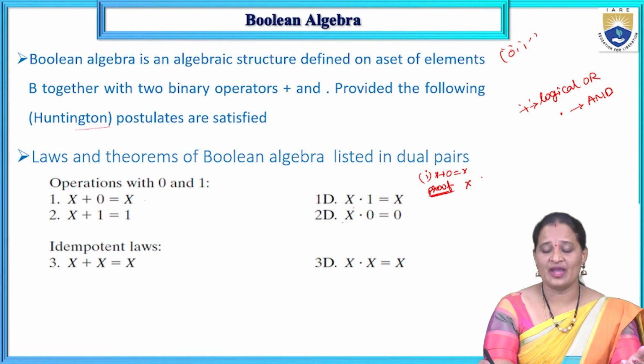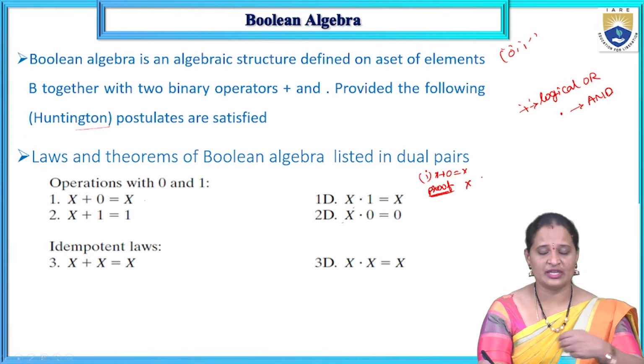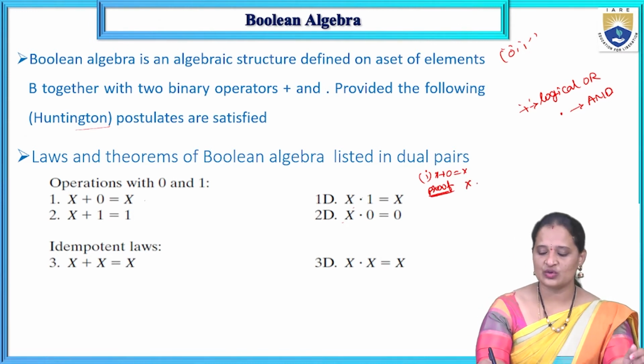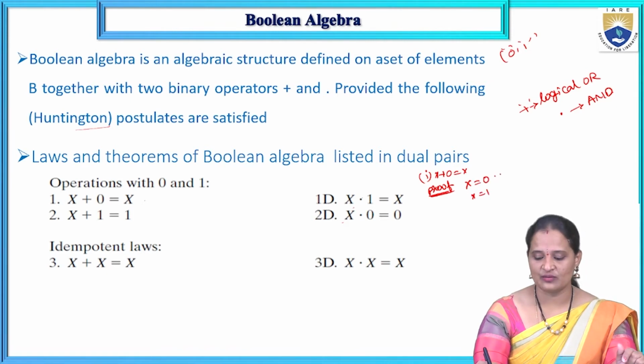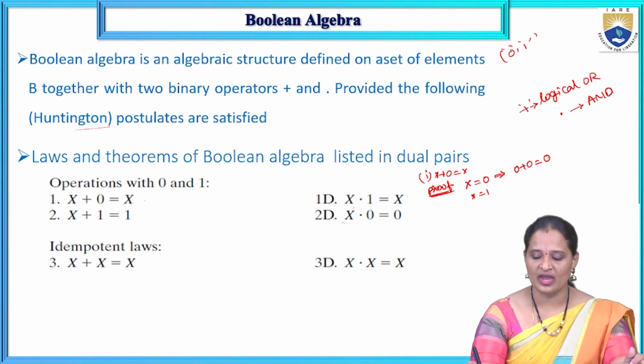Boolean algebra deals with Boolean variables, so x can accept either 0 or 1. If x is equal to 0, then according to this property, 0 plus 0 is also equal to 0, where this 0 is nothing but the x value. We have taken x as 0 and the output is also 0, and hence we can say that x plus 0 is x.